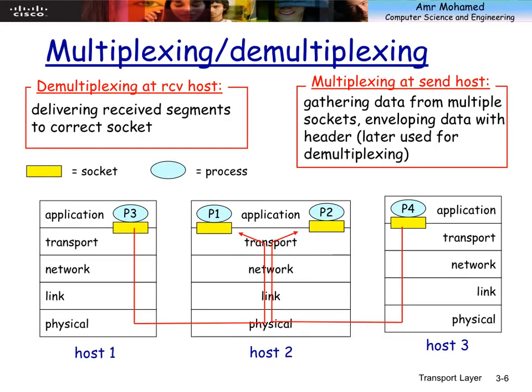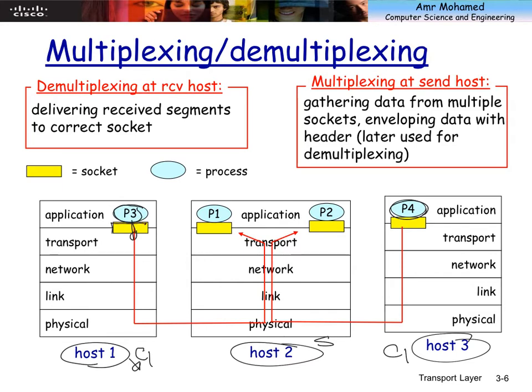This means that if you have two applications running on two different remote hosts, and they try to communicate with a specific host or server. You can think of this as client 1, client 2, and this is the server, which serves both clients. So multiplexing in that case means that the segments will be sent through this endpoint, which is what we call a socket.